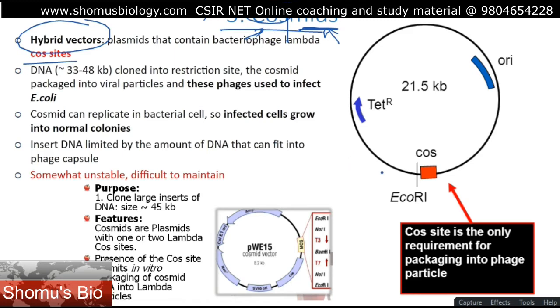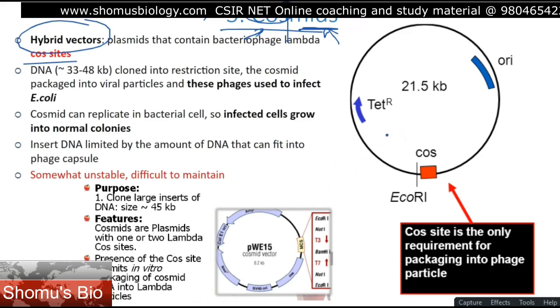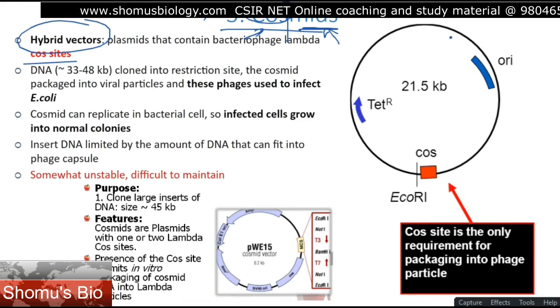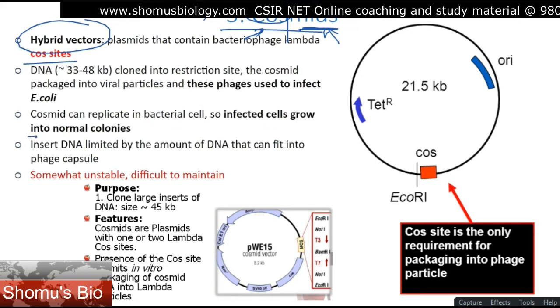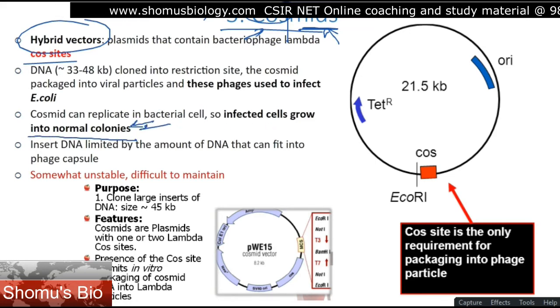So the cos site is the only requirement for packaging into the plasmid in this case. Although, it's not the phage itself, so it cannot kill the host. So the infected cells can grow into normal colonies. That's no problem because it's not the entire phage.